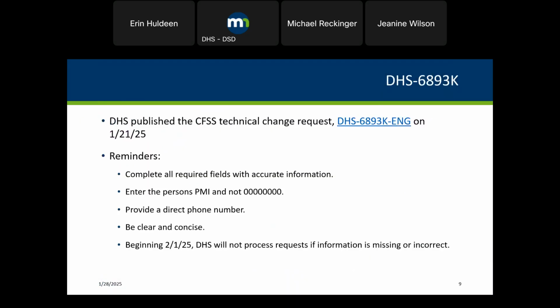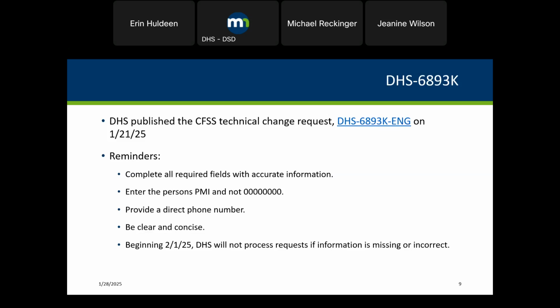So if you receive a service agreement and the service agreement is either incorrect or changes need to be made throughout the year, we ask that you submit a technical change request. And we created a new technical change request specific for CFSS. So this is different than what you've been using for PCA services in the past.